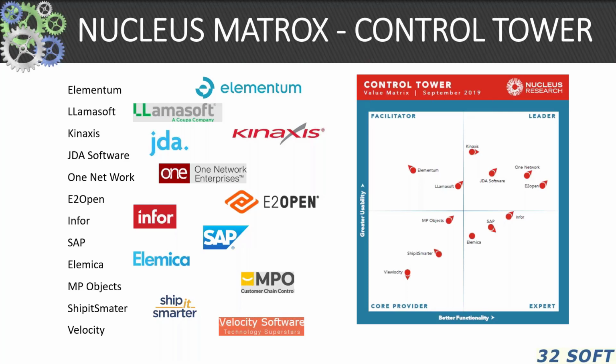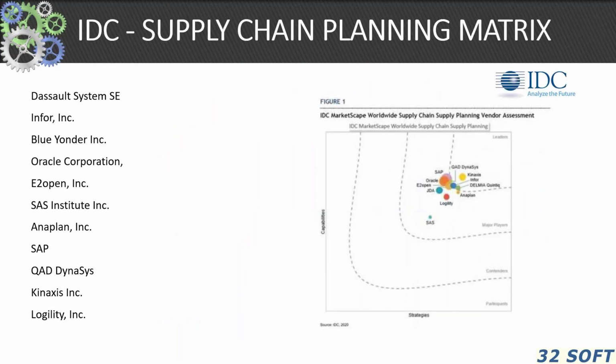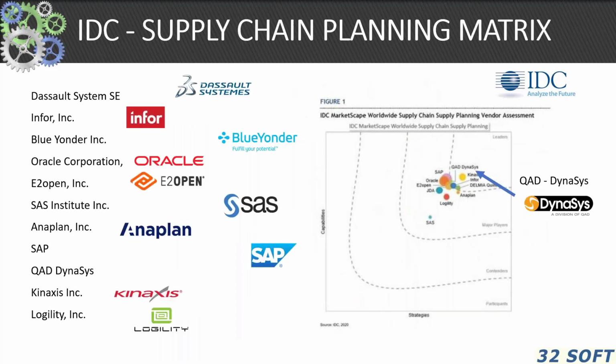Companies include Elementum, Conexus, JDA Software, One Network, E2open, SAP, Infor, and others in that Nucleus Research ranking. Here we see the IDC ranking for supply chain planning applications.